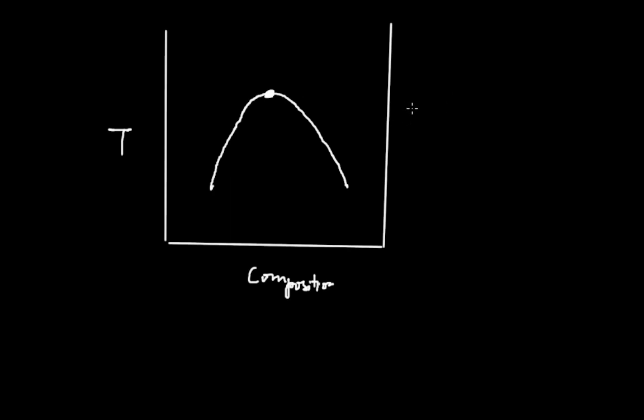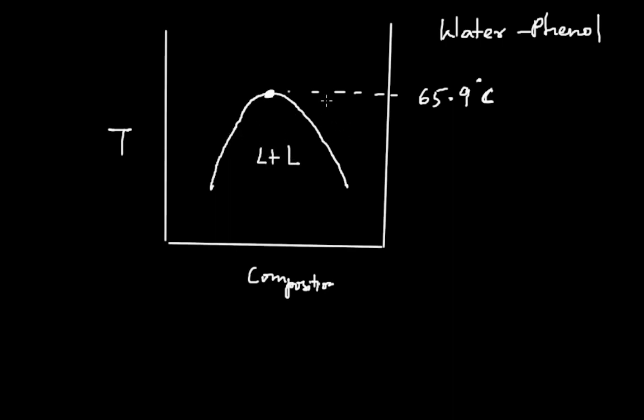For the water-phenol system, the upper consolute temperature happens to be 65.9 degrees Celsius. Here two liquids will be present under the curve, while only one liquid will be present above it, which means it is completely miscible at all proportions above this consolute temperature.